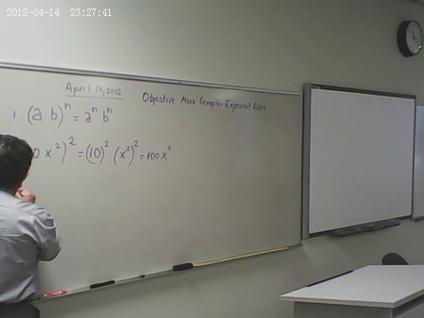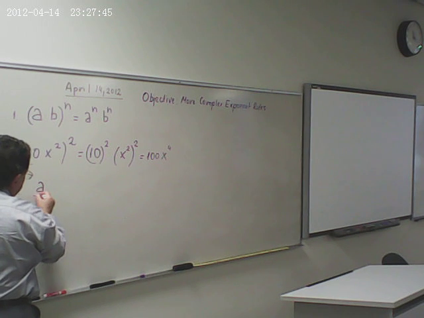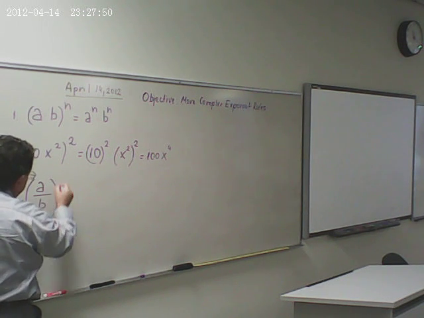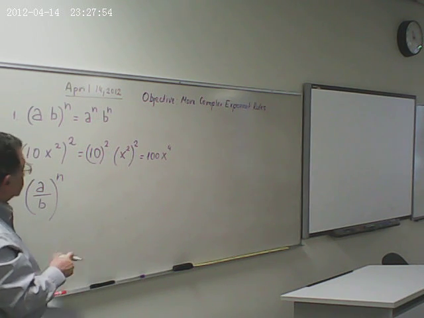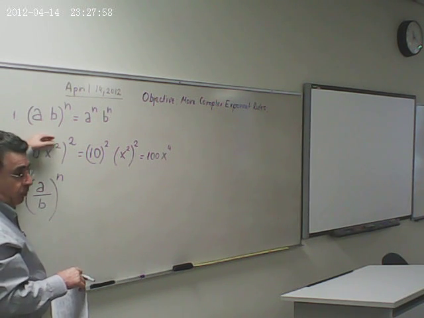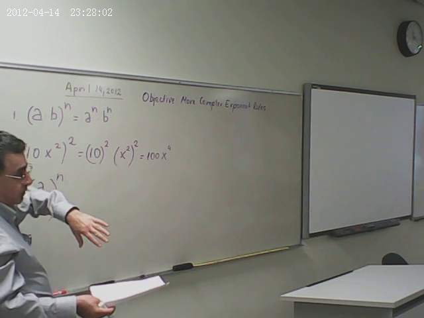So now, how about if I write the quotient a over b raised to the power of n. According to this, if we extend this rule, the product rule, and since the division is the inverse operation, right?